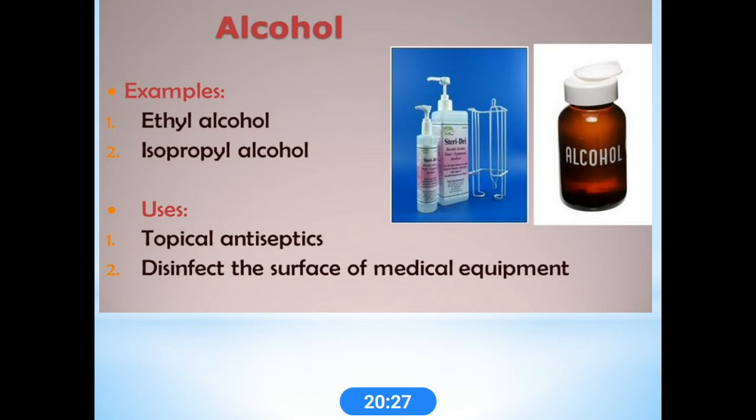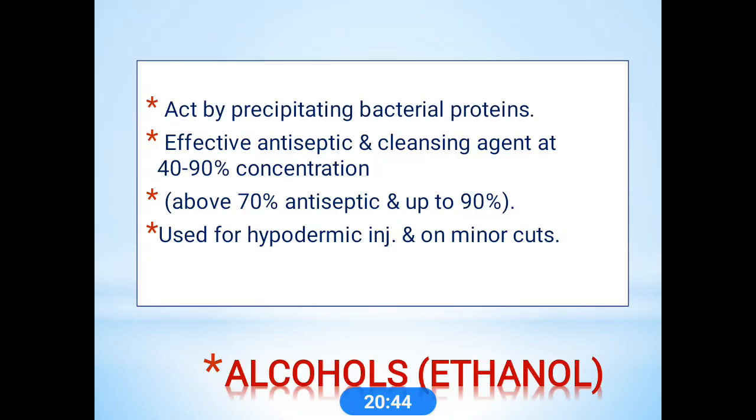Alcohol has a great role as an antiseptic and disinfectant. The most commonly used ones are ethyl alcohol and isopropyl alcohol. They are topical antiseptics and also disinfect the surface of medical equipment. Their main action is precipitating bacterial proteins.